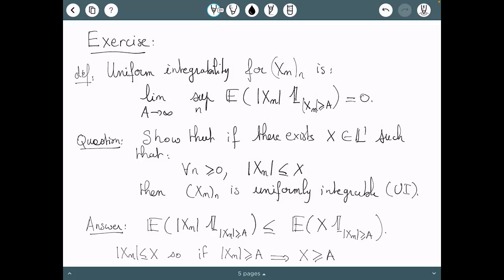This comes from this inequality. If some omega is such that xn of omega in absolute value is bigger than a, it implies that x of omega is bigger than a.